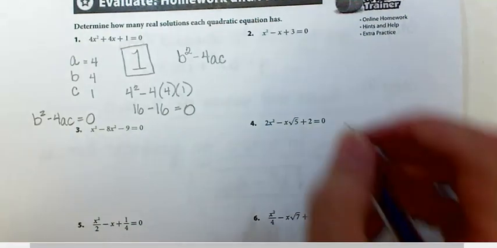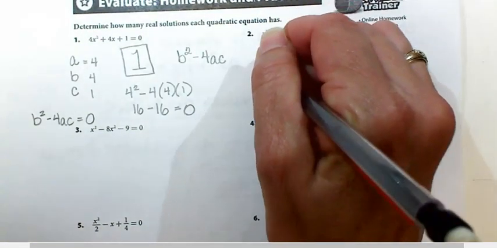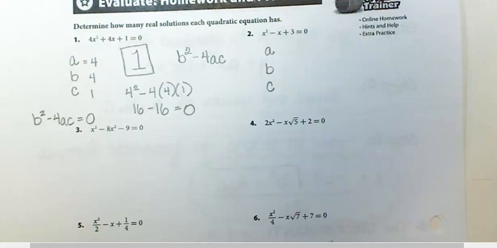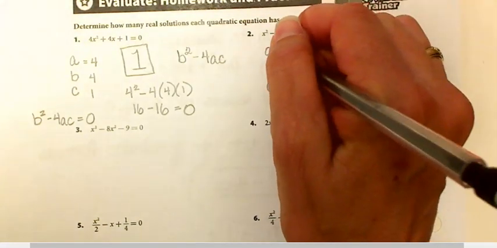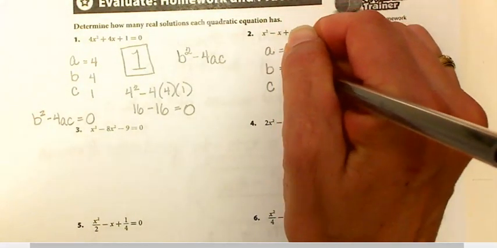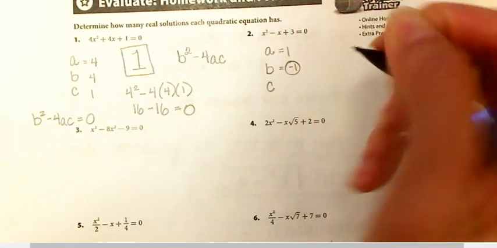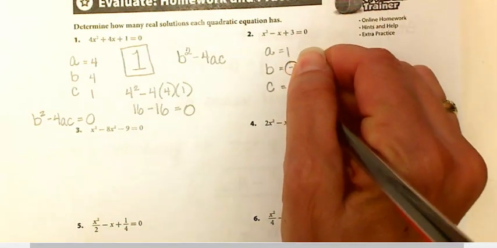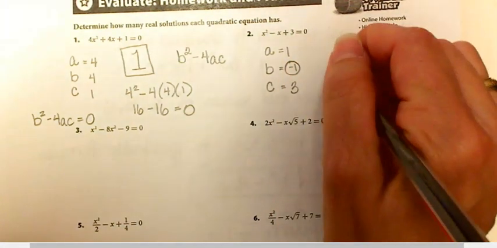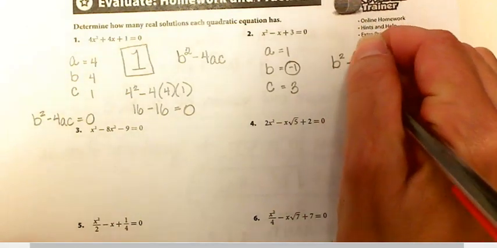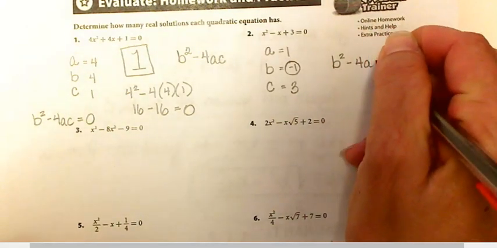Number 2. A, B, and C. A is 1. B is -1. Be careful. C is 3. So we're going to do the discriminant again. B squared minus 4ac.